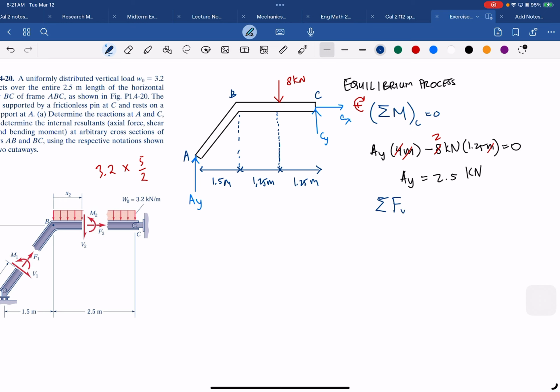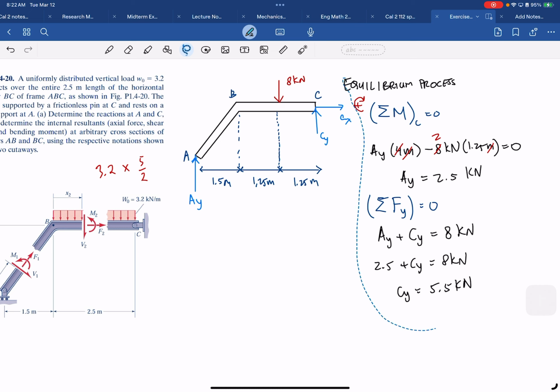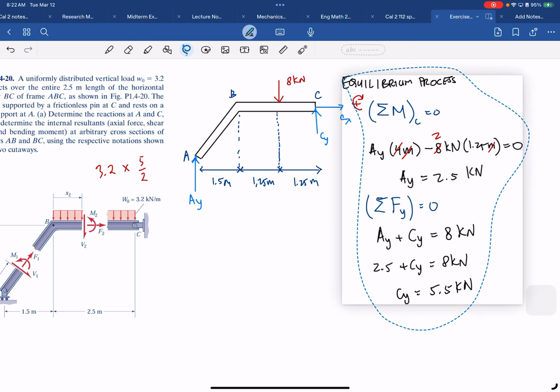So first, the sum of Fy equals 0: AY plus CY equals 8 kilonewton. So 2.5 plus CY, so CY is 5.5. I think I will make it smaller to make more space.